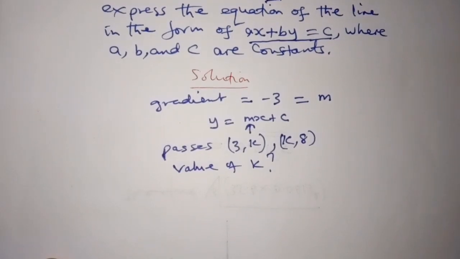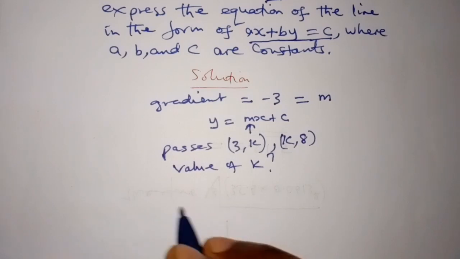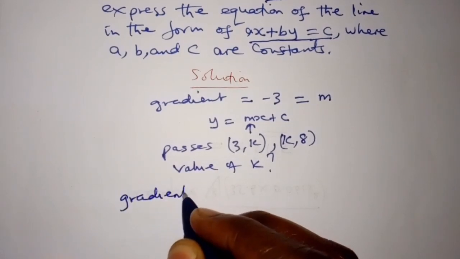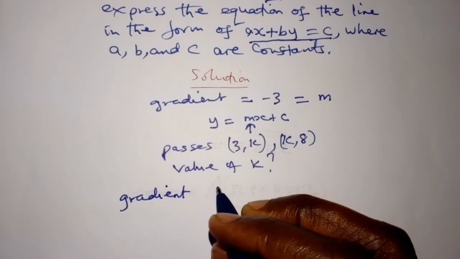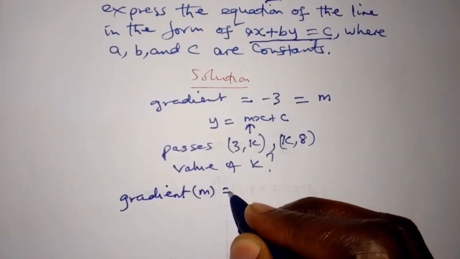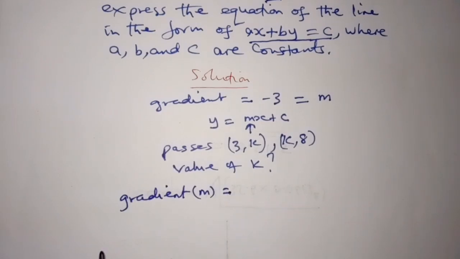So we know that the gradient of a line, we calculate it by saying that it is the change in the y coordinates over the corresponding change in the x coordinates.